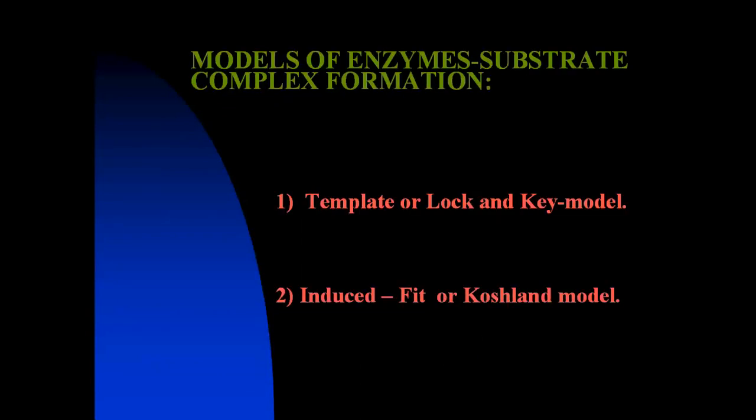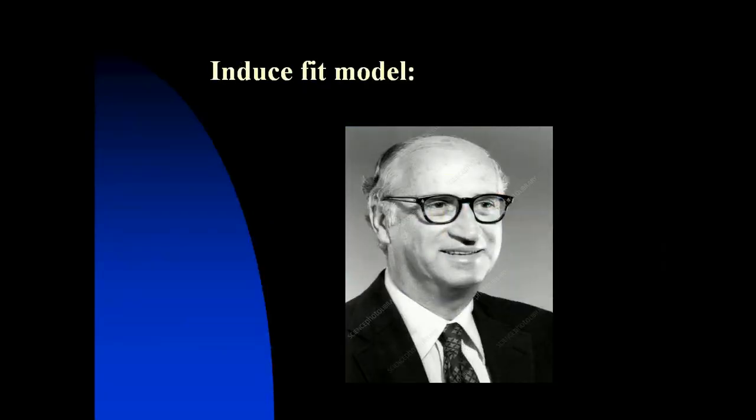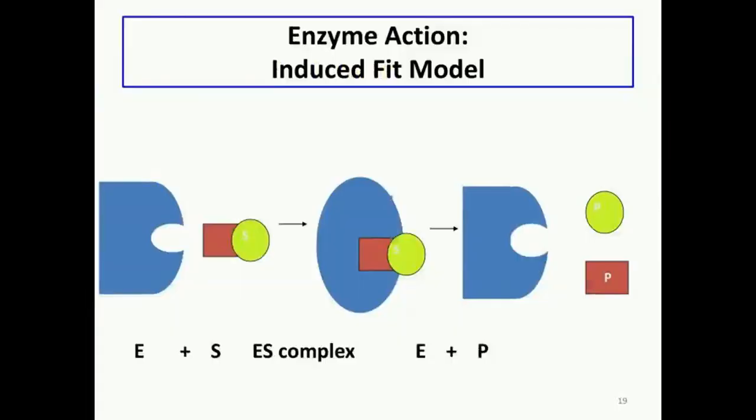Induced fit or Koshland model. The induced fit model was proposed by Koshland in 1963. The important feature of this model is the flexibility of the region of the active site.